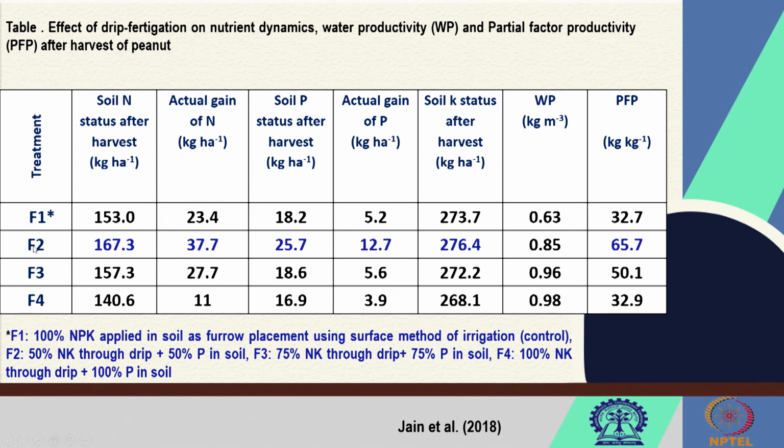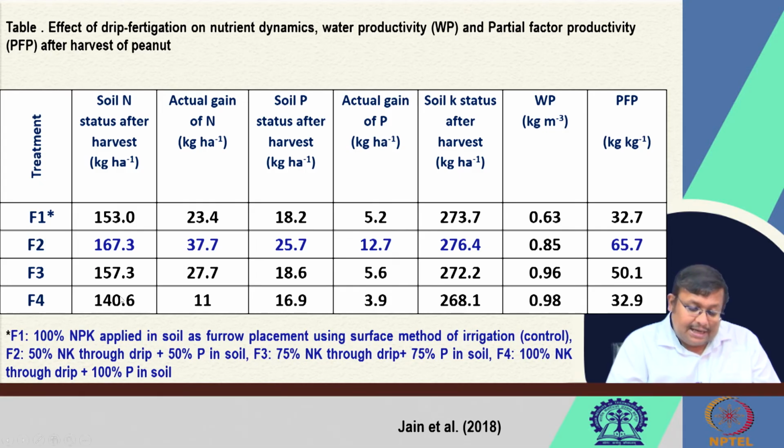can see the F2 treatment, which is basically 50% of nitrogen and potash and also plus 50% of phosphate in soil. We can see the soil nitrogen status after harvest, actual gain of nitrogen and soil phosphate status after harvest, actual gain of phosphate or phosphorus, and then soil potassium status after harvest, and also the partial factor productivity is highest in case of this F2 treatment.